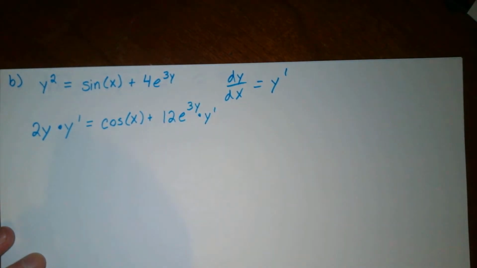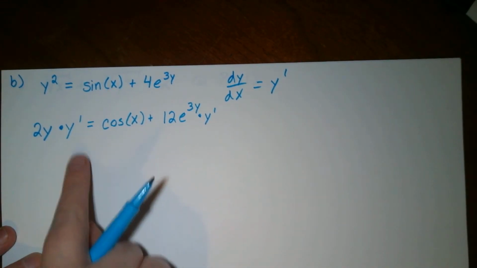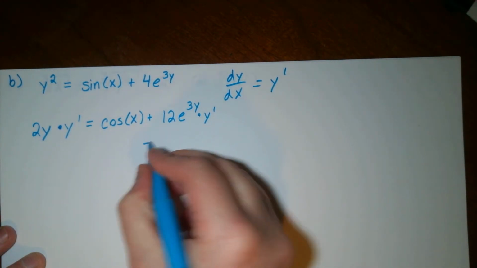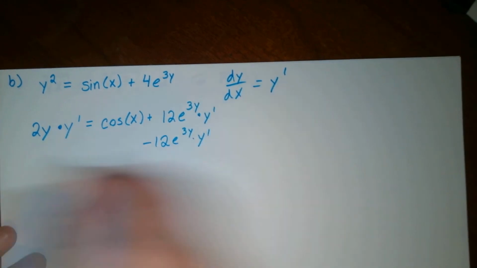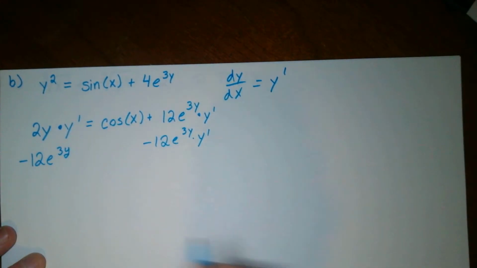Now what I want to do is get all of my y primes on one side and everything else on the other. So I'm going to subtract 12e to the 3y times y prime from both sides.